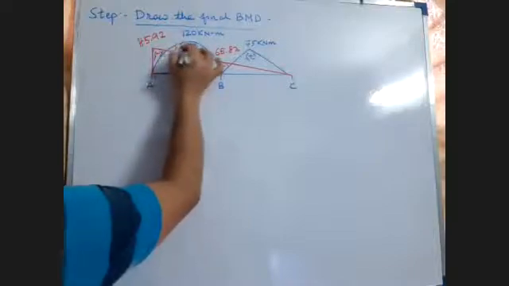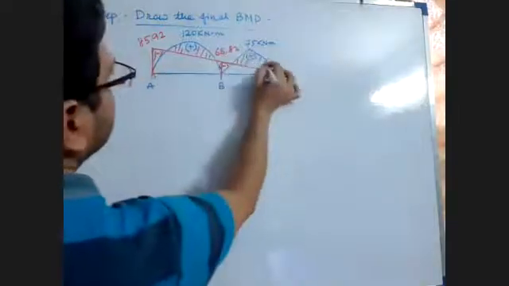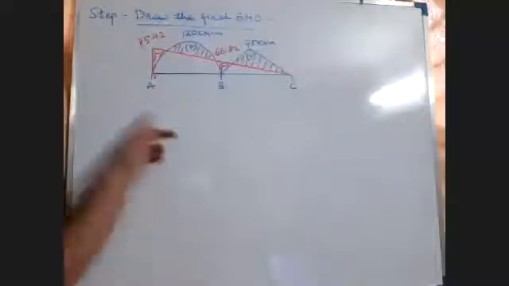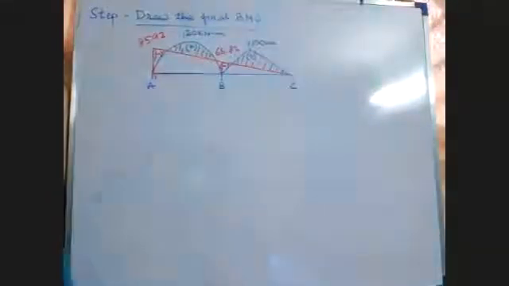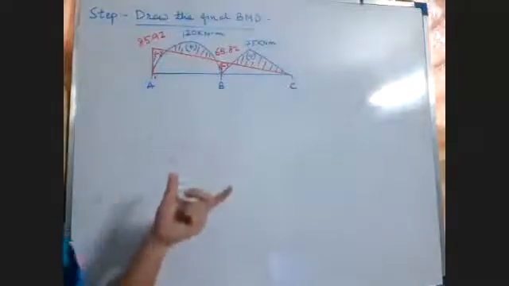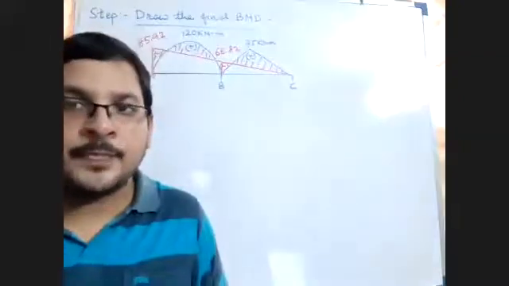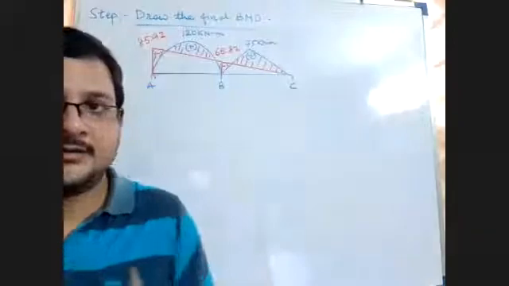We can draw a shading also. So this is the final BMD diagram which you have to draw in the final state. In the question, if it is asked, then obviously you have to draw the BMD. If it is not asked, you can skip this step.